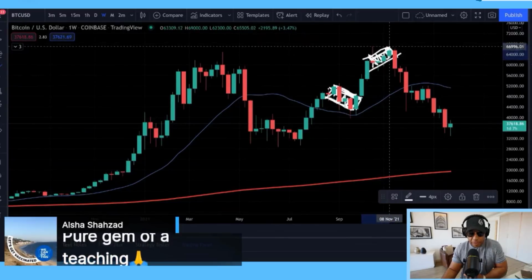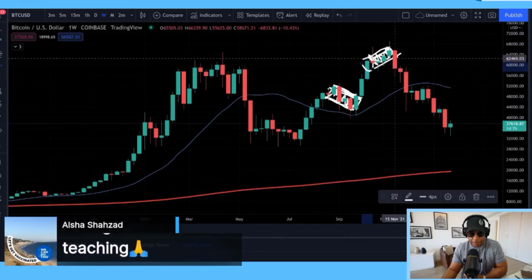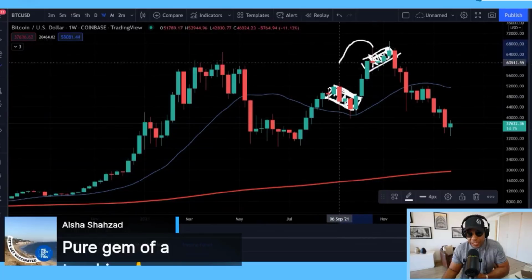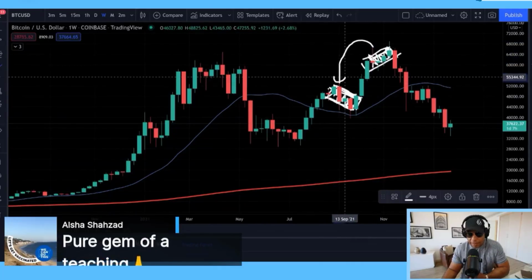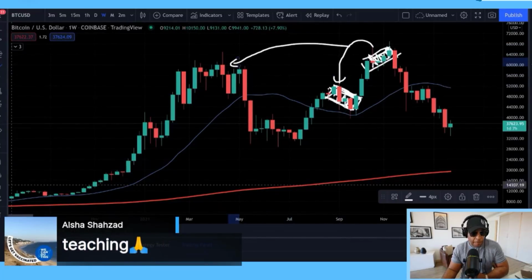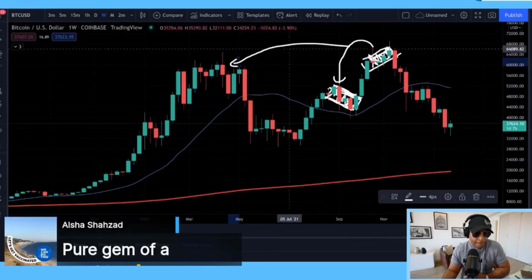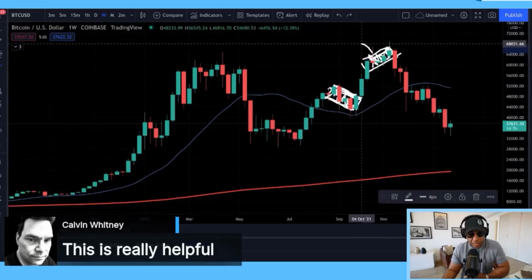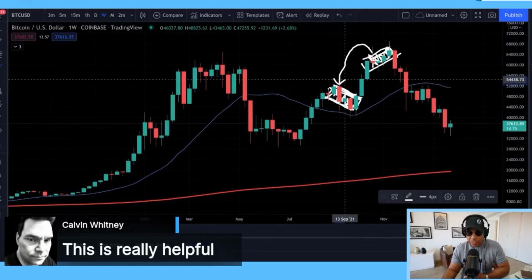Now, when we break this one, you're always looking at the most recent one, okay? Not necessarily the one before, you see? So please understand that, all right? Okay, the most recent one. So now the most recent congestion zone is there.